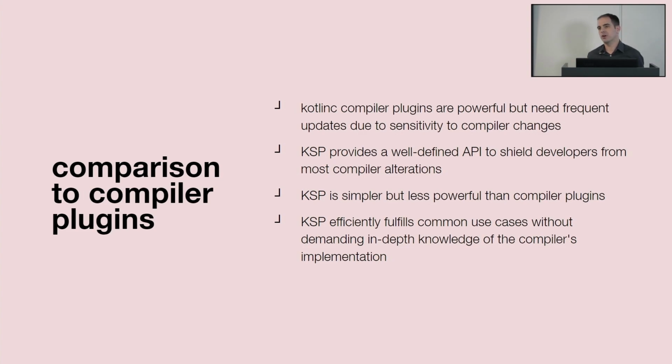Also, for the Kotlin compiler plugins, you have to have insider knowledge about the compiler, and you have to know the low-level assembly-like language. For Kotlin Symbol Processing, the API is much easier to learn, and you can learn it much faster.